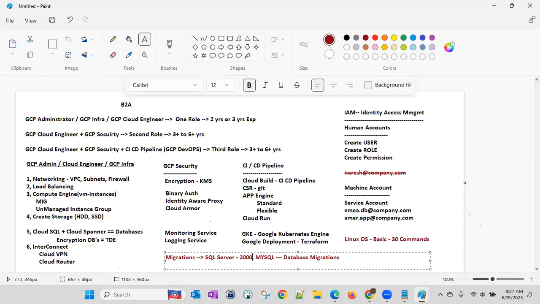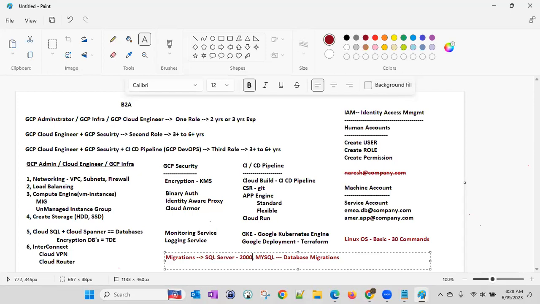For that reason, a lot of companies started migrations from their on-premises to the GCP cloud. Not only GCP; in the cloud they migrate according to their projects. If they are on AWS, they migrate to AWS; if they are going to Azure, they go with Azure or GCP. But in our agenda, we are going to discuss GCP. A lot of companies have been migrating to GCP because they give major discounts for storage.